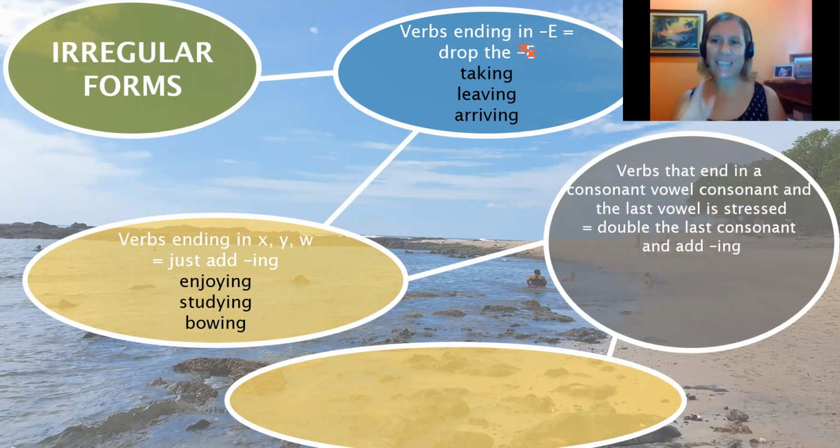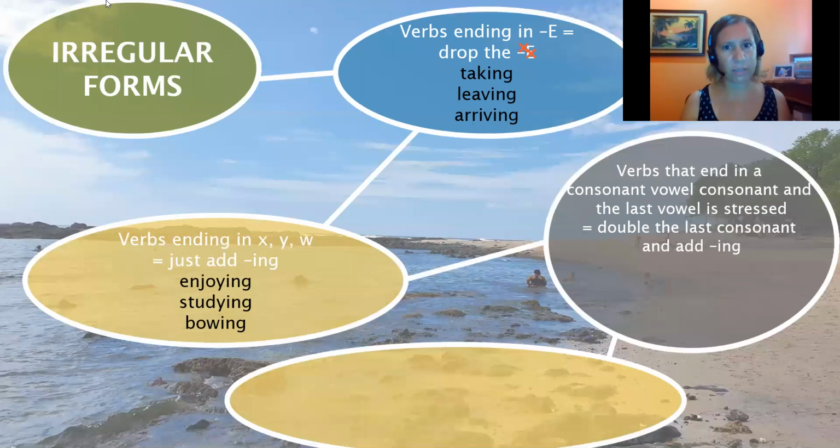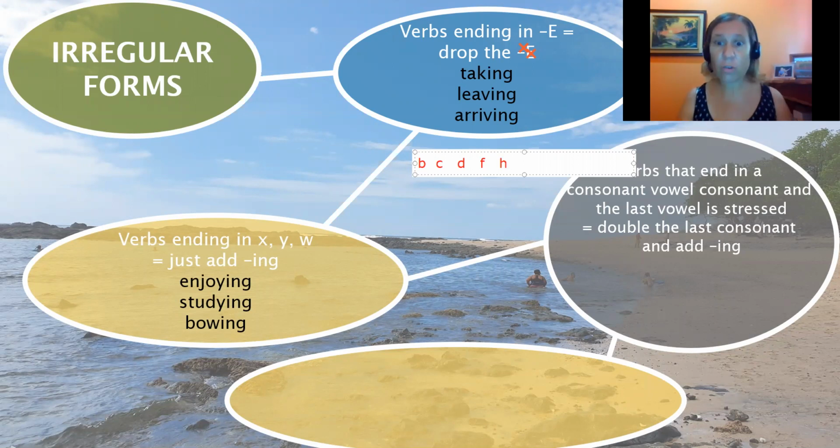Now, verbs that end in a consonant, vowel, consonant, and the last vowel is stressed. The stress is on the last syllable of the word. Then we double the last consonant and add ing. For example, B, C, D, F, H, those are consonants, letters.